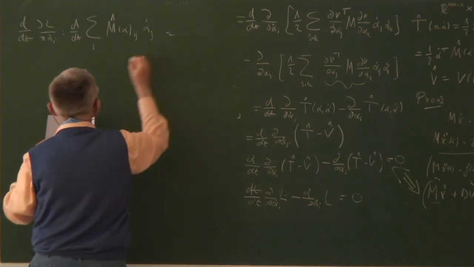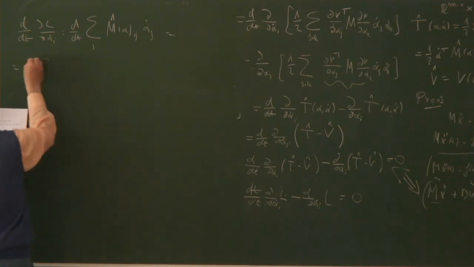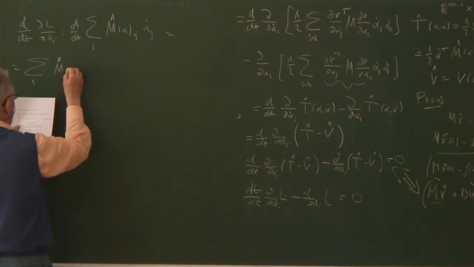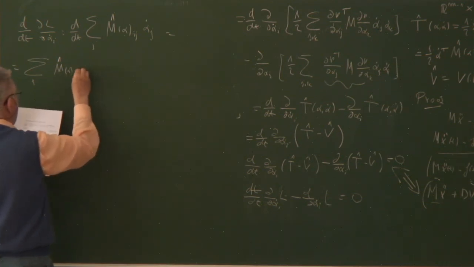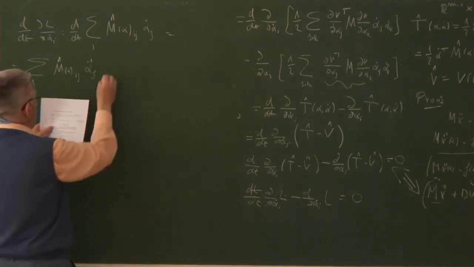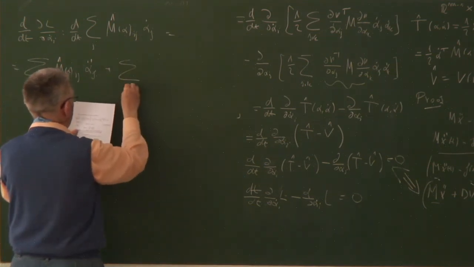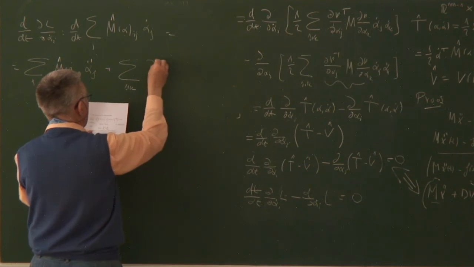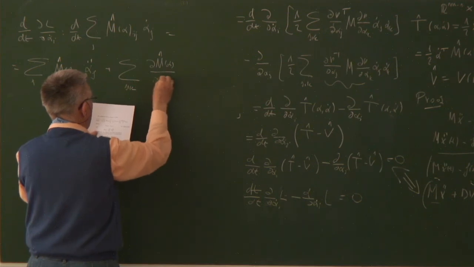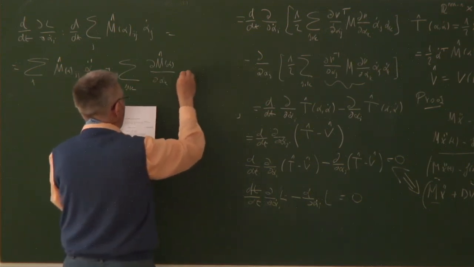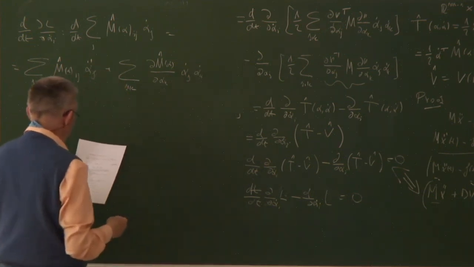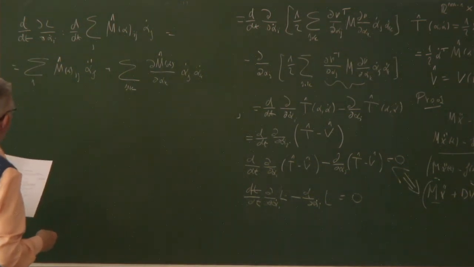And that's then equal to sum over j, n hat of alpha ij alpha j double dot plus sum over jk, d m alpha over d alpha k, alpha j dot alpha k dot.